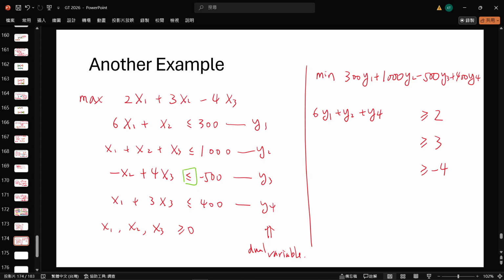Okay, so that's x1, now let's consider x2. We know that the coefficient of x2 should be at least 3. And what's the coefficient of x2? Here you get 1 times y1. And from the second constraint, you get 1 times y2.